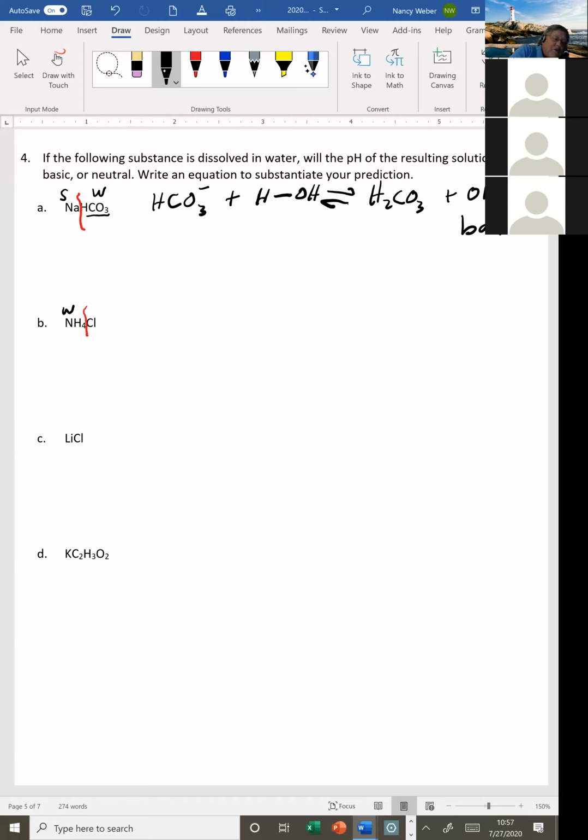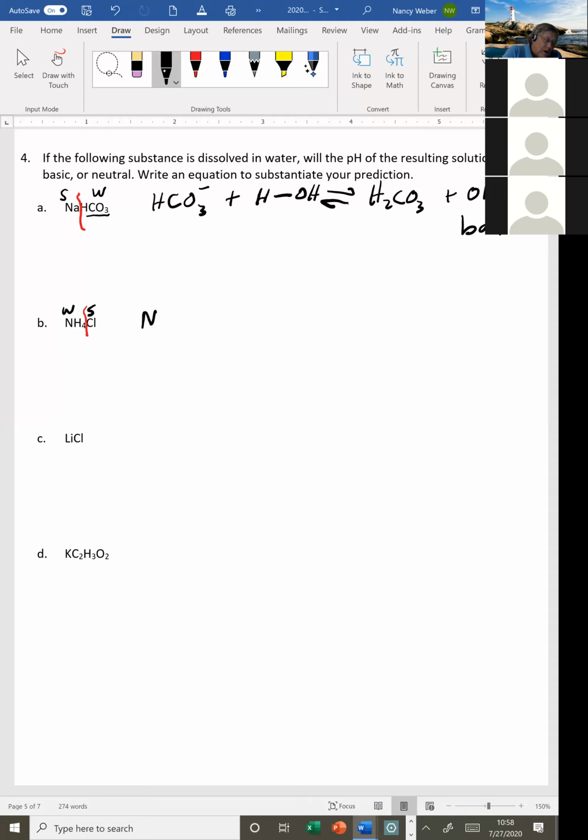Okay, how do you know whether it's strong or weak? What do we use? You use the list that I gave you of strong acids and bases and weak acids and bases. Or actually, sorry, if you know the strong acids, you know the strong base. If it's not on that list, you can assume it's weak.